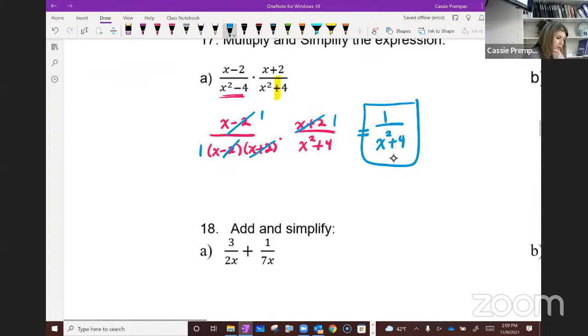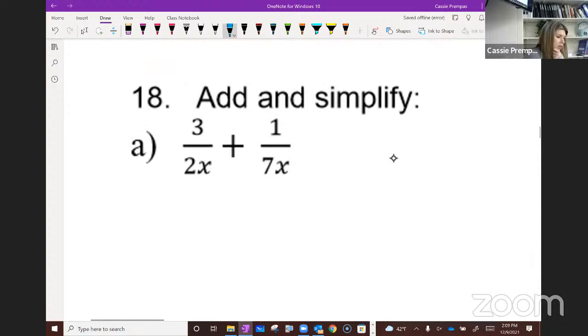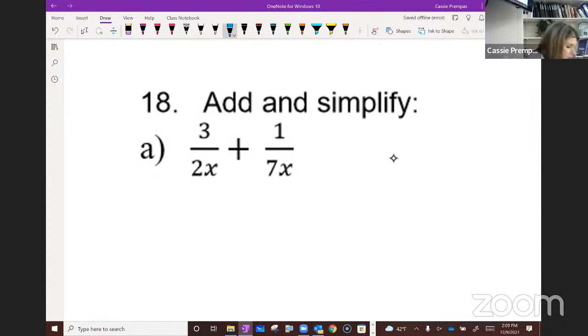All right, moving right along, number 18. In order to add and subtract, what do you need? A common denominator. What's the least common denominator between 2x and 7x? 14x, right? So what am I going to multiply this right fraction by? 14x over 1? Oh, that would be if it was an equation, then I'd want to get rid of it.